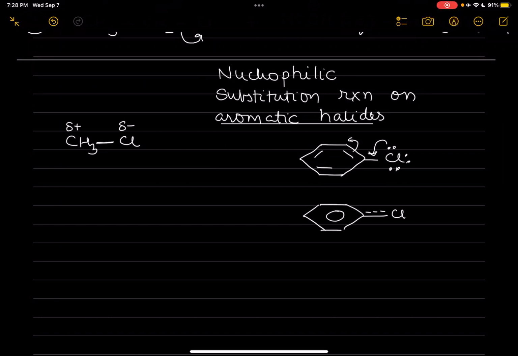And also this bond is less polar, because there is electron density getting back into the benzene ring, so this is less polar. This is an alkyl halide, or normal aliphatic halide, with an sp3 carbon.